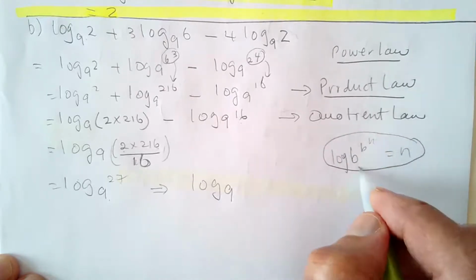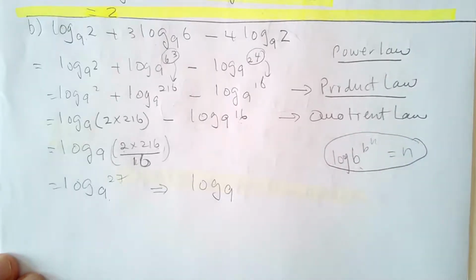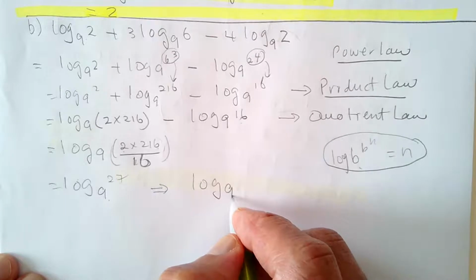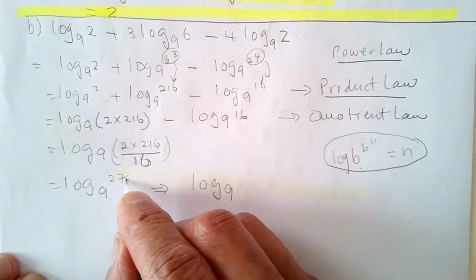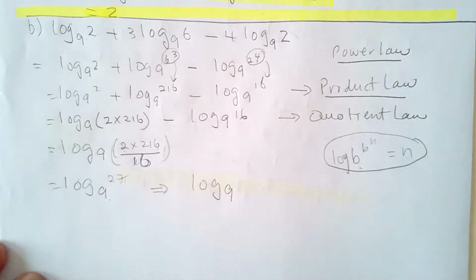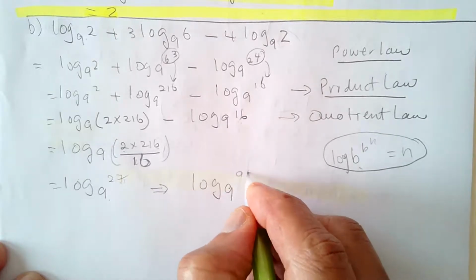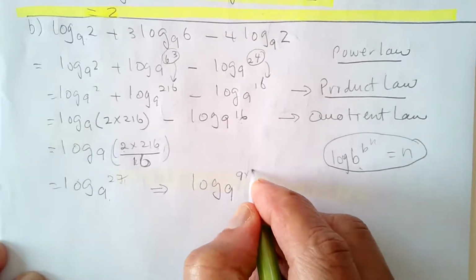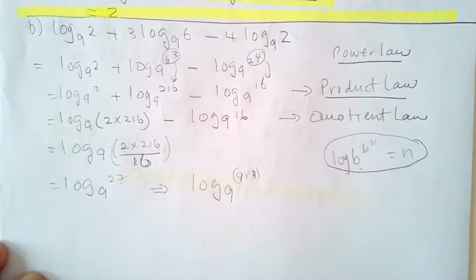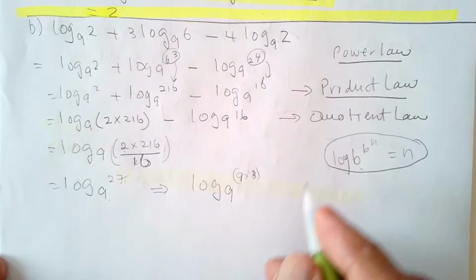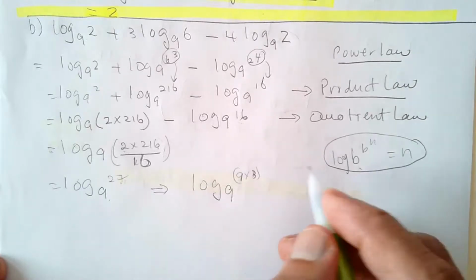We want to get to this point here. So here we have 9. Now how can we change 27, right? Write it as a base 9. So first of all, let's break this down to 9 times 3. So we want to write this as a power of 9.